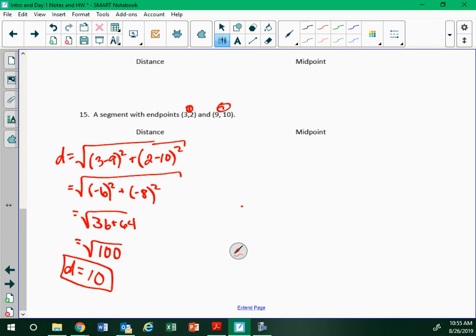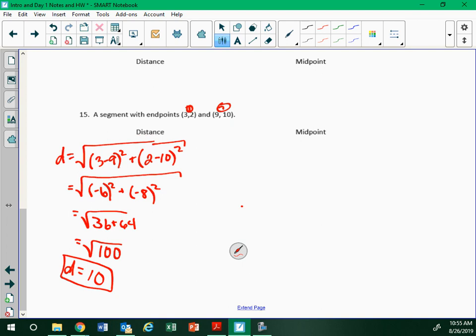Maybe at this point you're like, oh, that's square root of 100, which is 10. That's fine. But make sure you do show at least your setup and some of the work in between. If you just spit out an answer, I can't give you credit because I don't know that you truly did it. I want to know that you've done the work, not someone else. And then again, just make sure that you simplify your radicals.